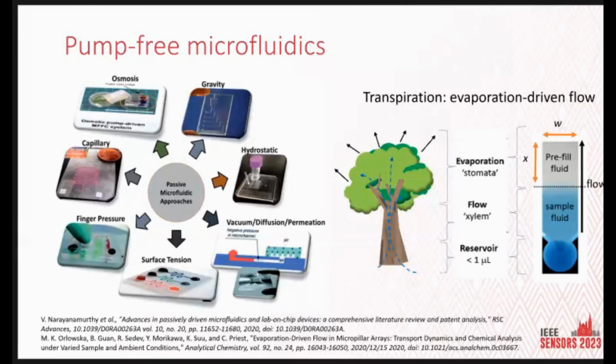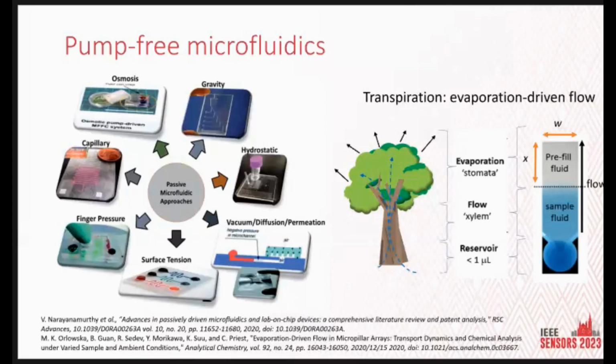Basically, it mimics the transpiration systems of plants. We well know that if you have trees, the leaves evaporate water, that will generate the force to absorb the water from the ground via the roots.